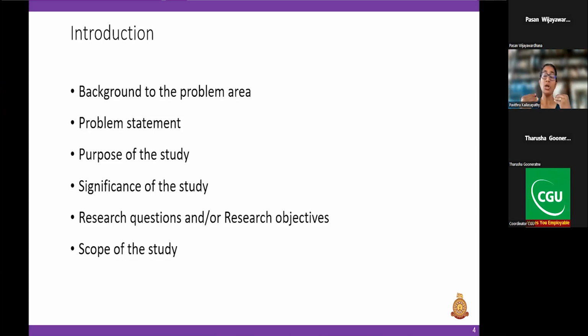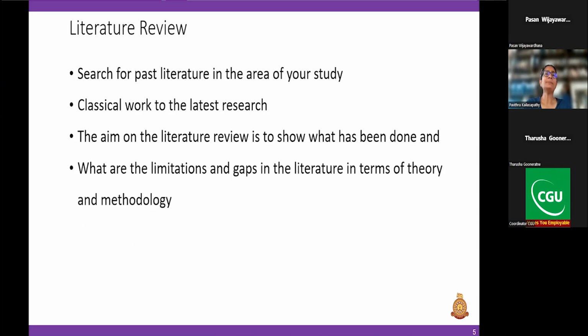The impression about you is given through the document you submit. So give a good impression. Start the first sentence itself with a very catchy or interesting way of saying things, right? So have a good introduction, which covers these aspects.